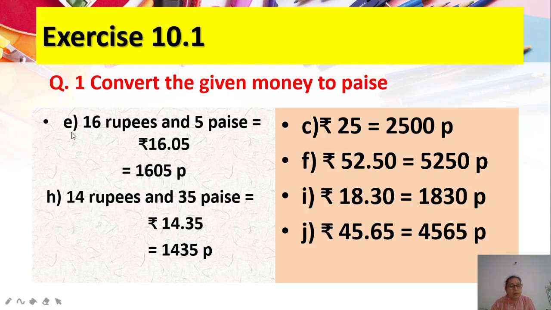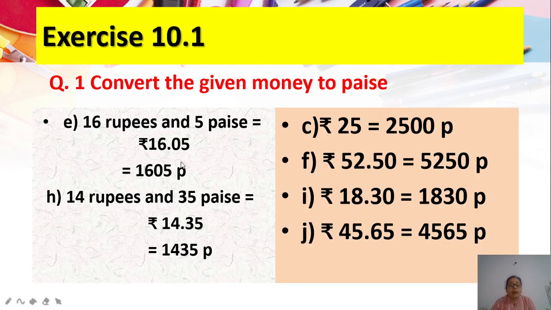Here you can see question E, it is 16 rupees and 5 paise. How do we write it? Firstly, we write using the symbol. You can see we have written rupees 16 and we have 5 paise. So keep in mind that you can't write only 5, but you have to write 05.